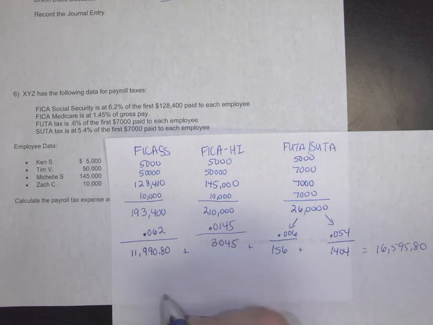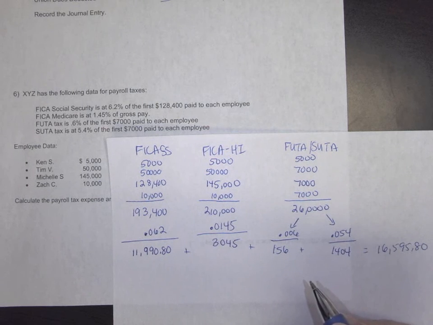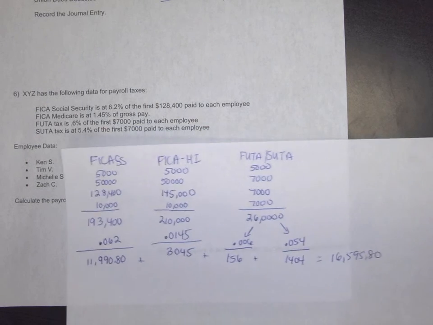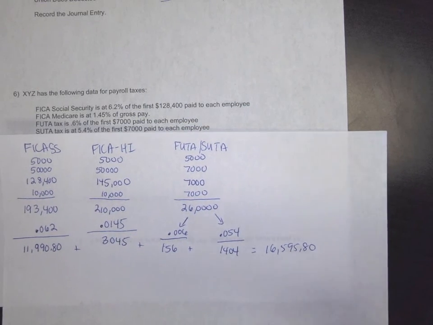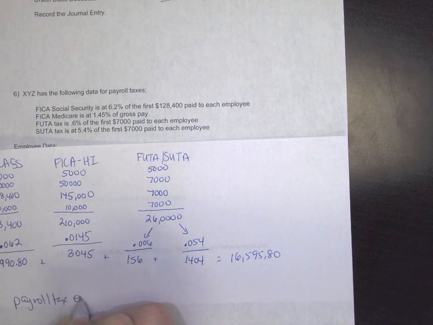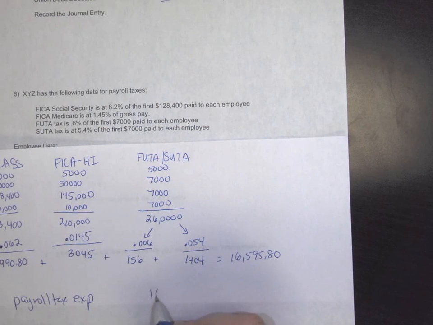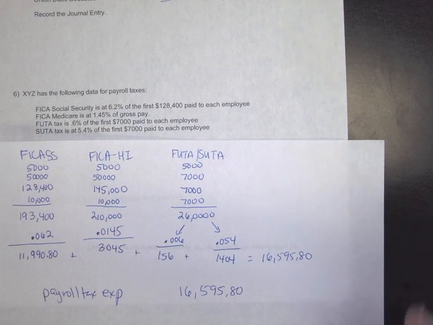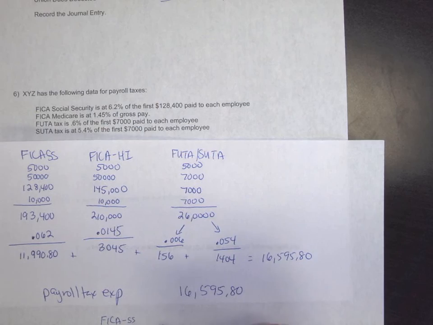So for the journal entry in this case, I am going to be looking at that payroll tax expense in the amount of $16,595.80. The rest of this would have the FICA, and I could have different accounts if I wanted to, or I could have one account.